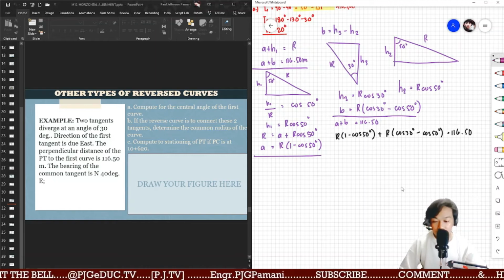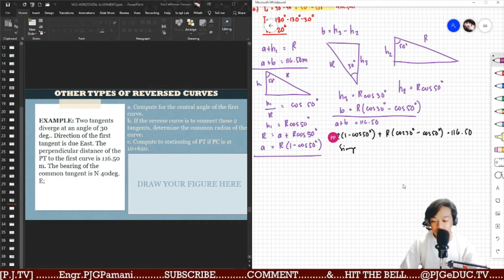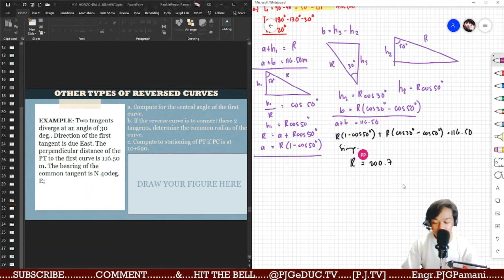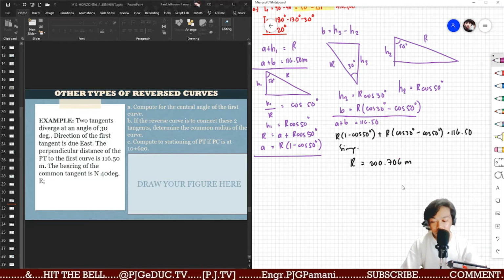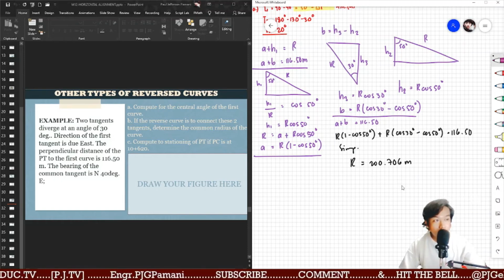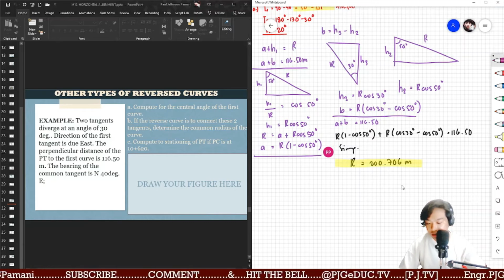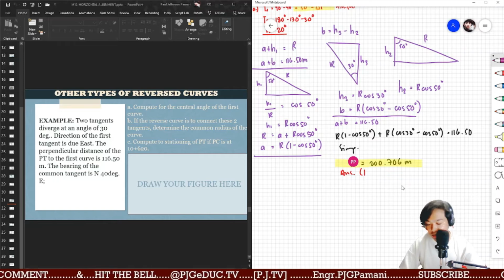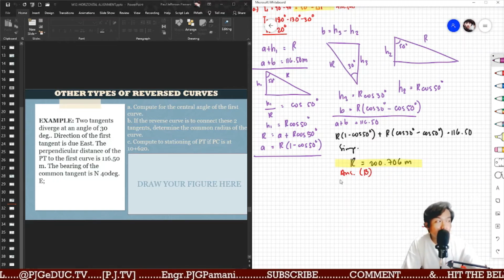Okay? Then simplify. Kaya na mag-simplify. R is now equal to 200.706 meters. So, eto ngayon yung ating answer for letter B, or the common radius of the given diverging curve.